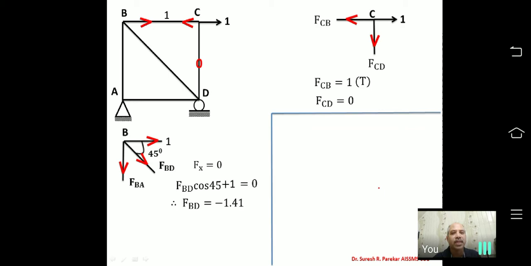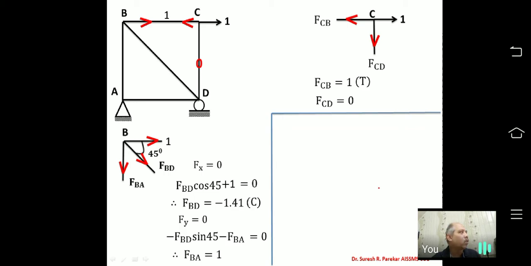And those forces we are going to get: FBD again compression 1.41, and FBA again tensile, and that value we are going to get as tensile 1. So now keep in mind, while considering this, I have considered all lengths AB, BC, CD and DA the same, and as all lengths are the same, that angle we are going to get as 45 degrees.